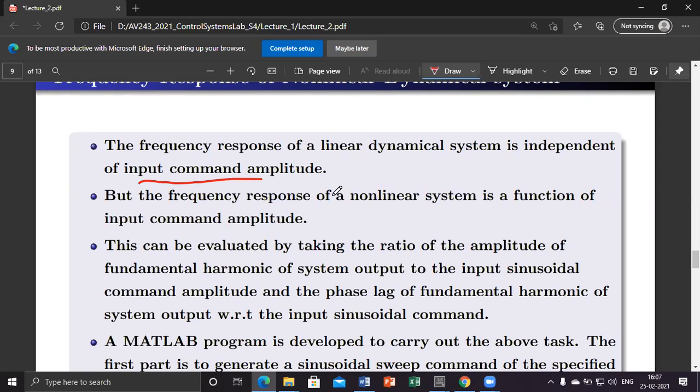For 10% command amplitude or 20% or 100% command, the rise time will be the same. That is a property of a linear dynamical system: performance parameters are not affected by the amplitude of the signal.